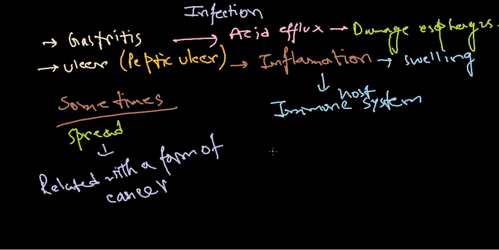So let me draw. Let's say here it is our stomach, and this is the duodenum coming out. Now this is the region for the duodenum, for example. So in this region, suppose these red color things are the bacteria that are colonizing there. After colonizing there for many days, what they are producing, they are producing biofilms.